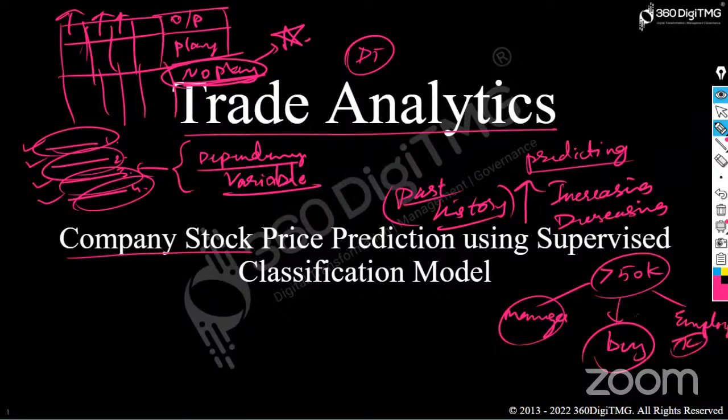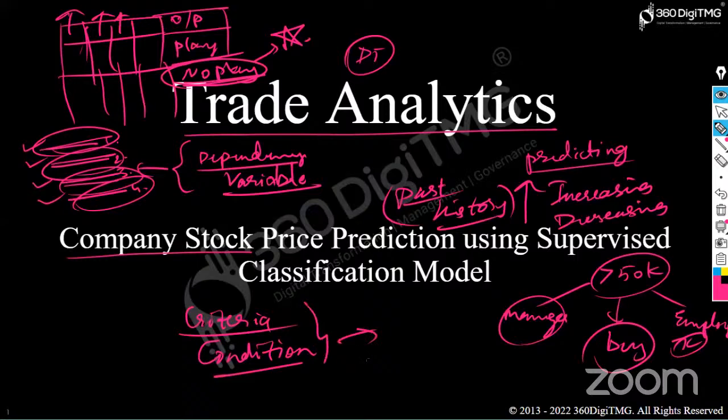Like this, you will have several criteria and conditions, but which criterion and which condition is impacting the output more is important. Choosing the appropriate parameter will give you more information and get you an appropriate decision.